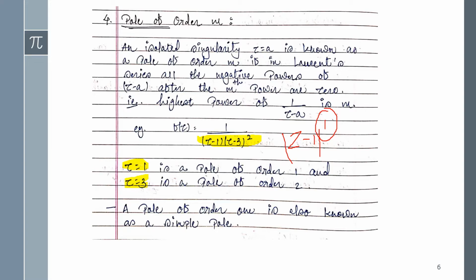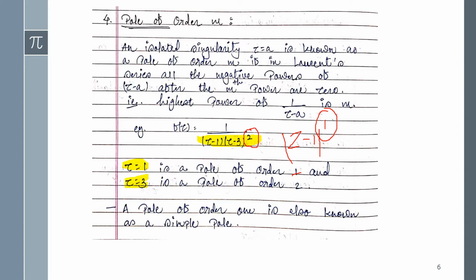So z equals 1 is a pole of order 1, and z equals 3 is a pole of order 2. Why 2? Because here you can see its power is given as 2. So the pole order of the function 1 upon z minus 3 whole square will be 2.